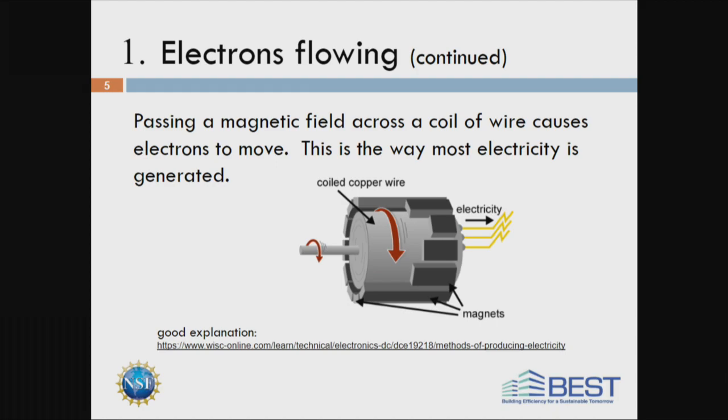And that's how we generate it back at the plant. It's that pumping action, right? This website takes you to a number of different methods to generate electricity, and it goes through the steps, very basic, but it gives everybody an idea, at least for our students, of how electricity can be generated.